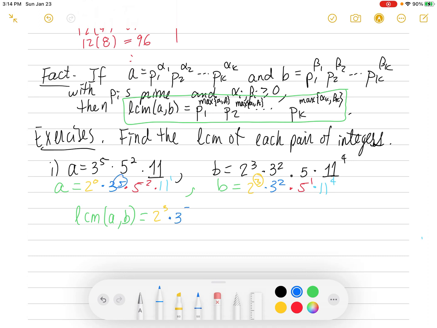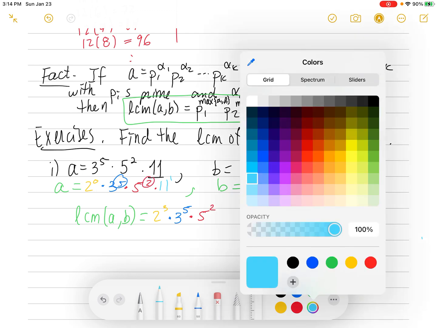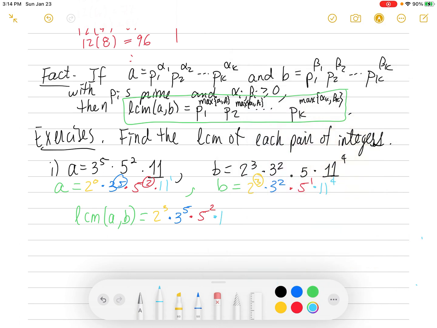Then for the prime 3, you take the larger power, 5. Then for the prime 5, you take the larger power, 2. And then for the prime 11, you take the power of 4. So that's it. You could leave your answer that way, perfectly good, or you could multiply this all out.